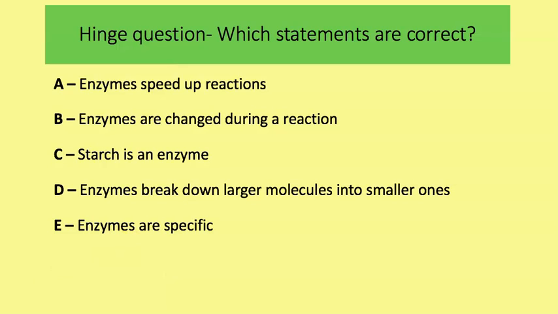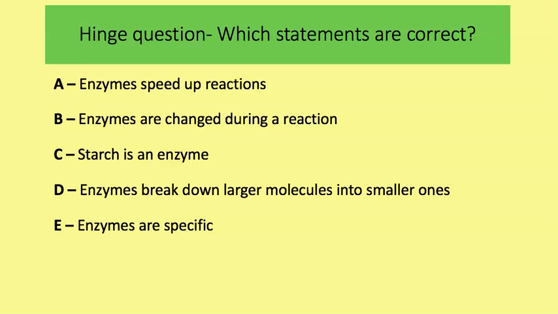Okay, so A, enzymes speed up chemical reactions or speed up reactions. That is true. B, enzymes are changed during a reaction. That is false. Enzymes stay as they are. They remain unchanged so that they can be used over and over again. C, starch is an enzyme. That is false.